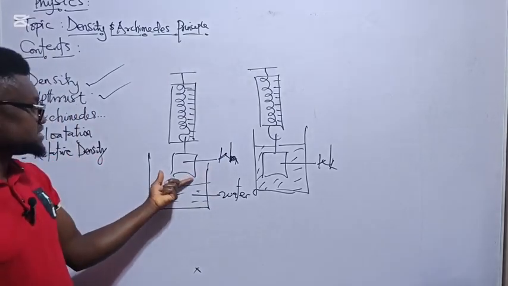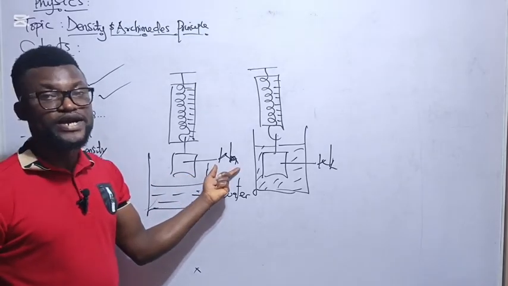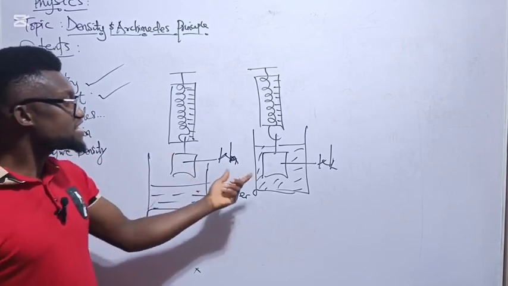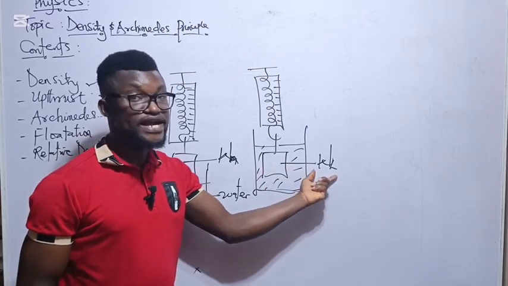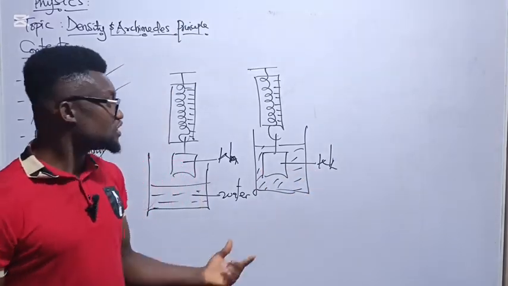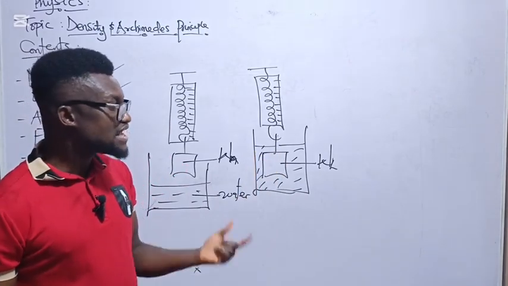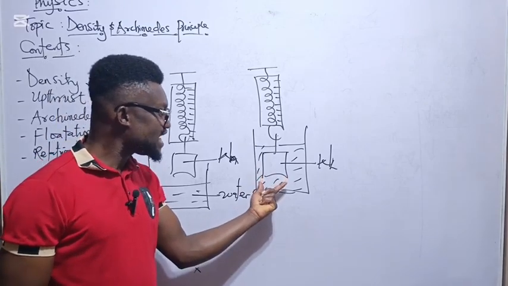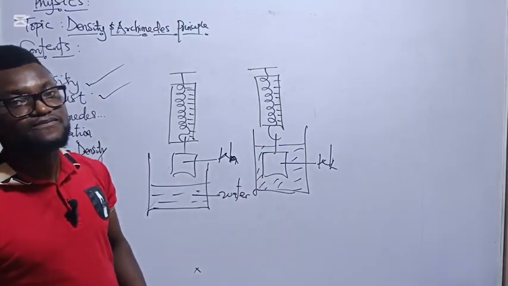Now, the moment the body was in air, its weight gives you its original weight. But the very time it was immersed in this very water, the weight will lessen because there is an upward force. That very upward force is the force that aids you in lifting this very body.